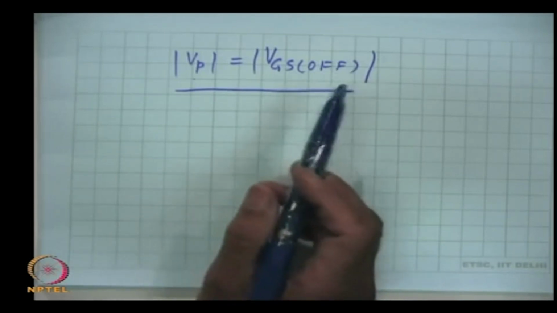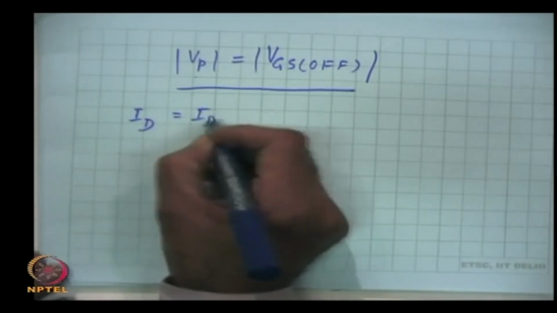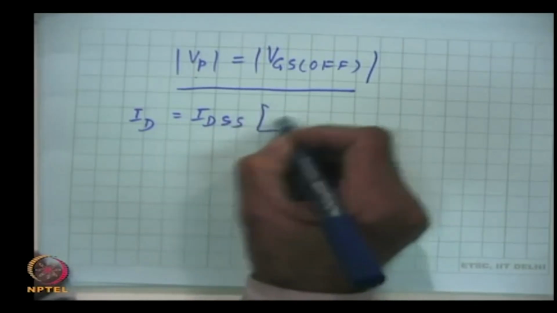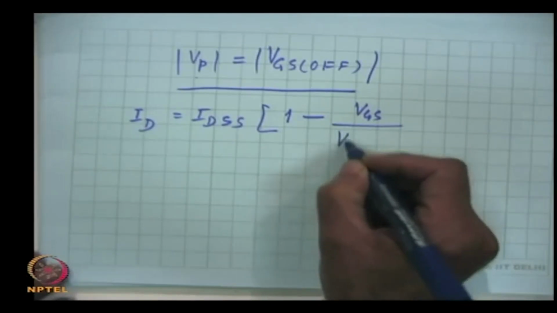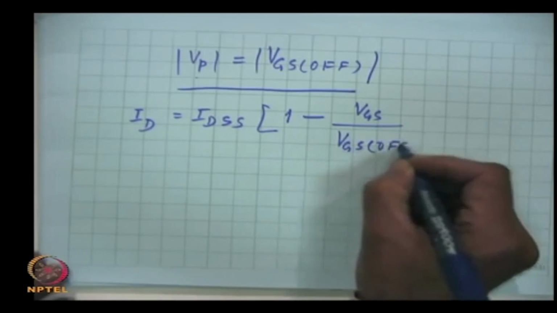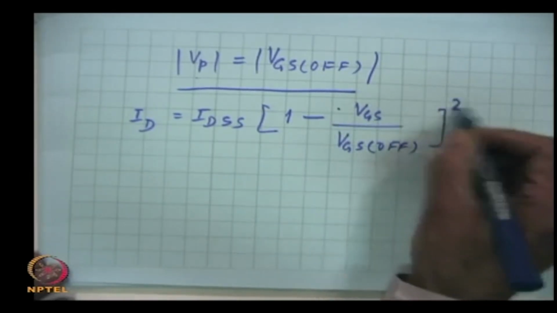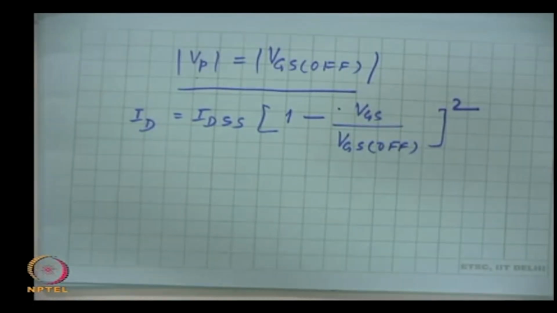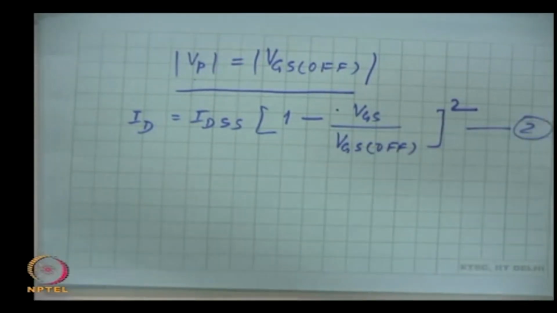So, equation 1 can also be written as ID equals IDSS times the bracket of VGS over VGS off. Let us call this equation 2.